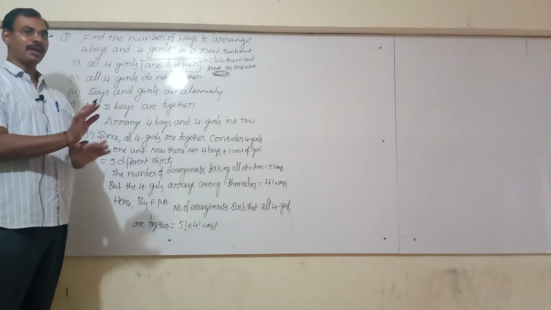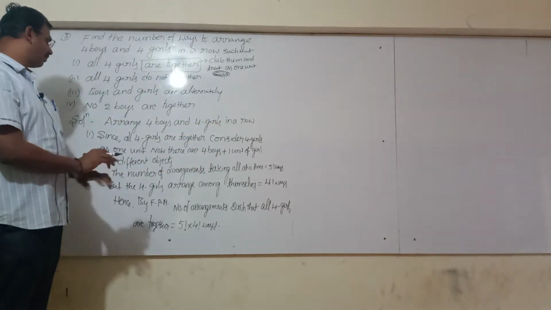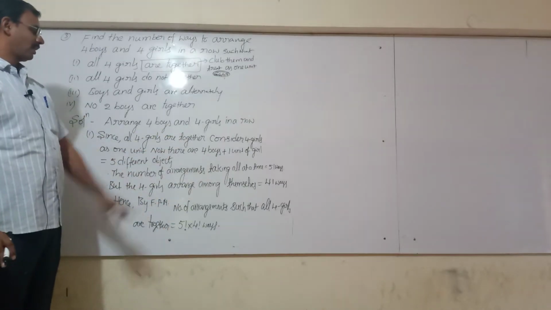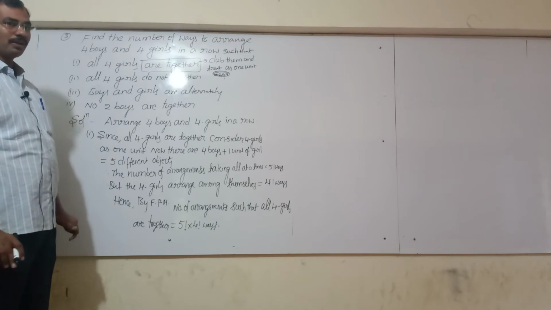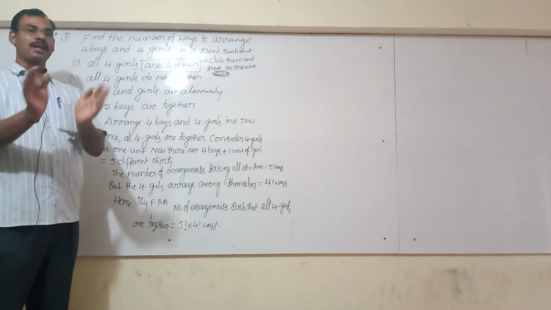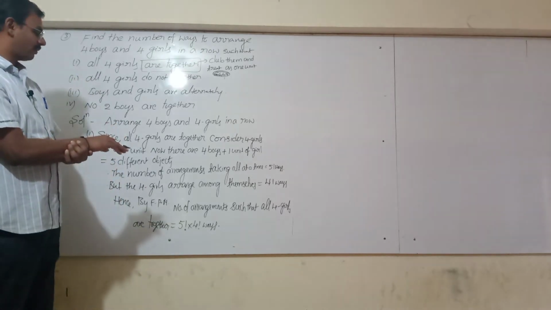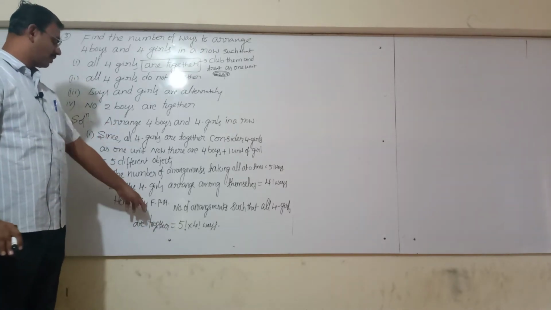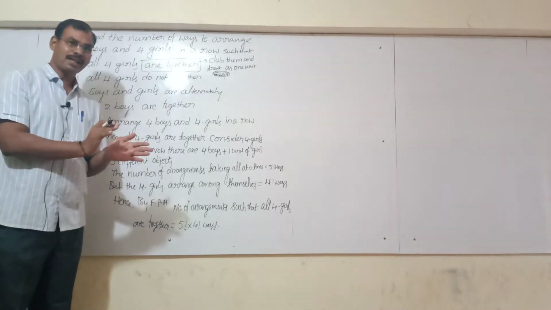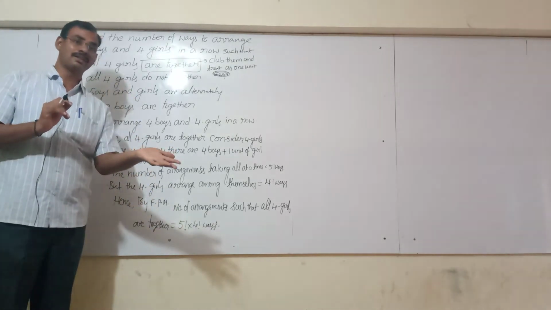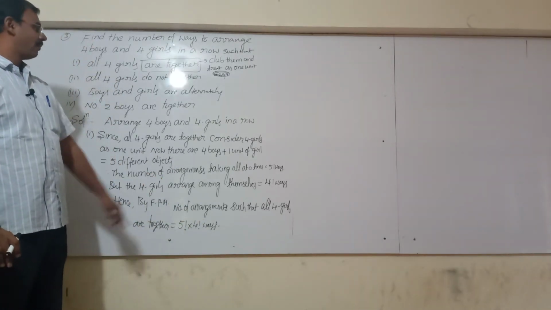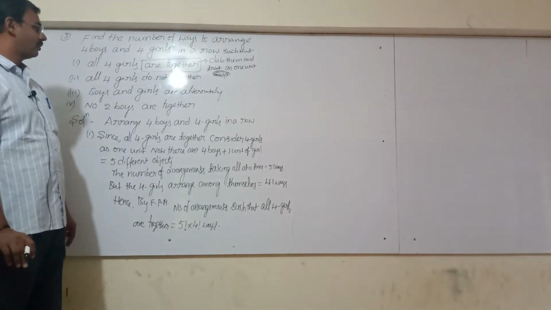It appears totally 5. This can be arranged in 5 factorial ways. But in the box, you have 4 girls. These can be arranged among themselves in 4 factorial ways. Hence, by using the fundamental principle of multiplication, why? Because first we arrange the boys and then the girls are also arranged. So that's why we should use the multiplication rule: 5 factorial into 4 factorial ways.